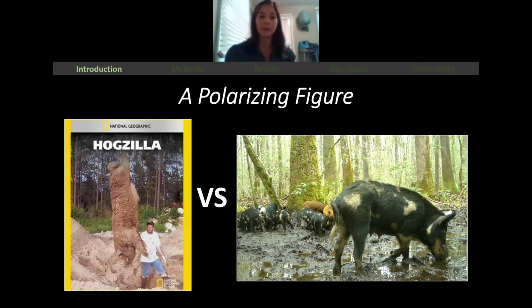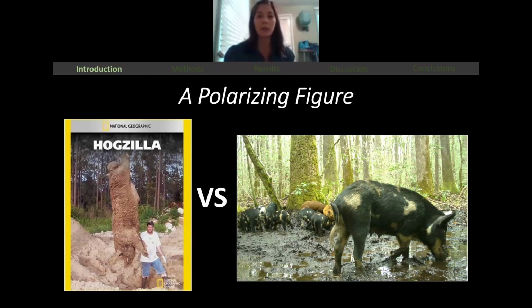And then on the other side, when we look at wild pigs, they are this perfect model of an invasive species. They can live almost anywhere and pretty much eat anything. So they are really good at what they do. And so wherever they are, they tend to cause some sort of damage or harm. And so they're often considered this destructive pest that costs a lot of money.